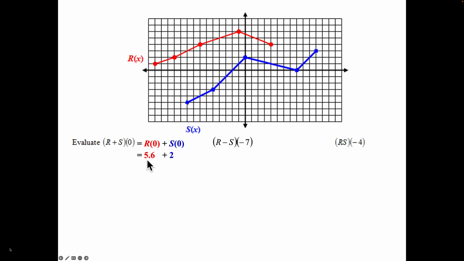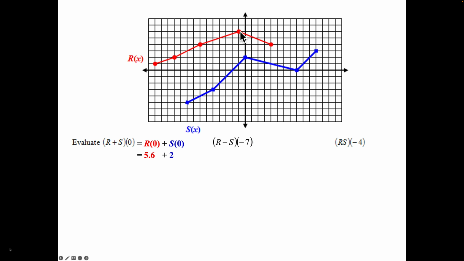Now, the question is, how did I know that this was 5.6? Okay, I'll tell you how I knew that. This is a line segment which has a slope, and its slope is down 2 and to the right 5. So down 2, right 5 is -2/5, or as a decimal, -0.4.